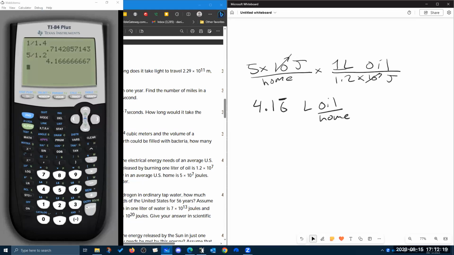And we're going to round that. Again, this was exact, so don't use that. Use this one here. So 4.2 liters of oil per home.